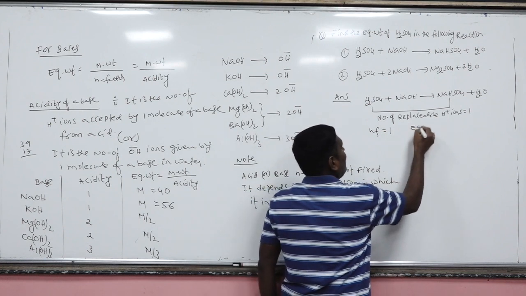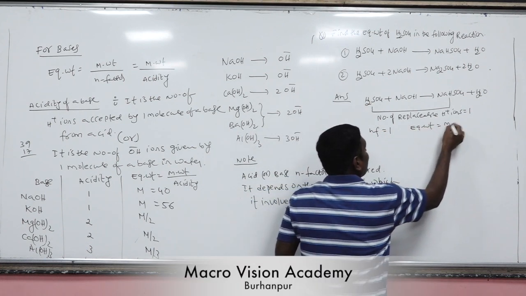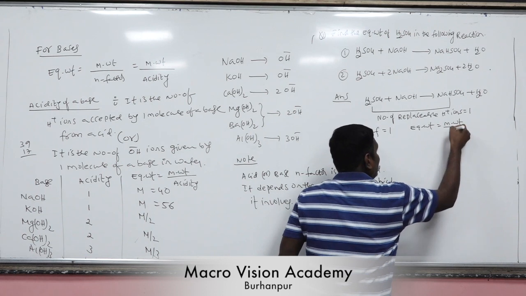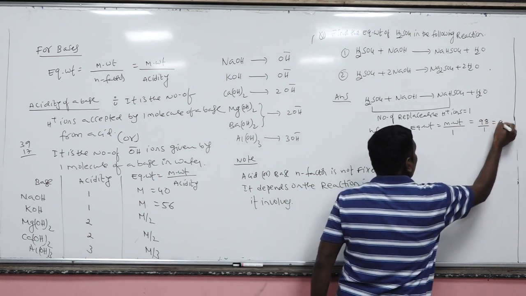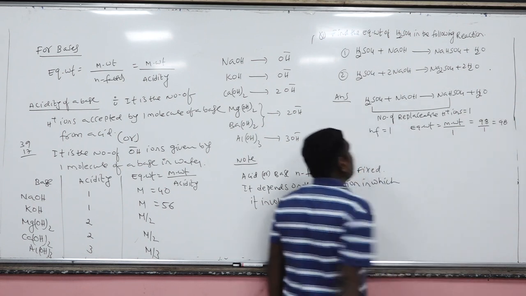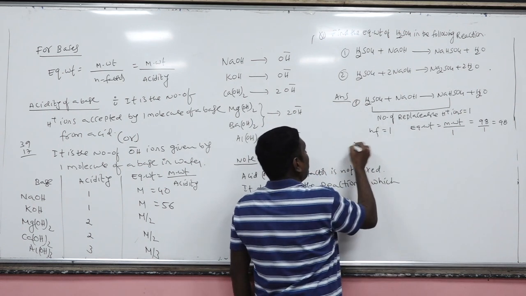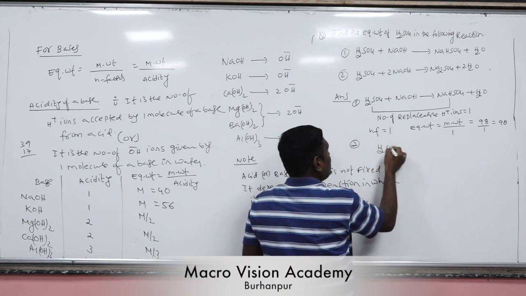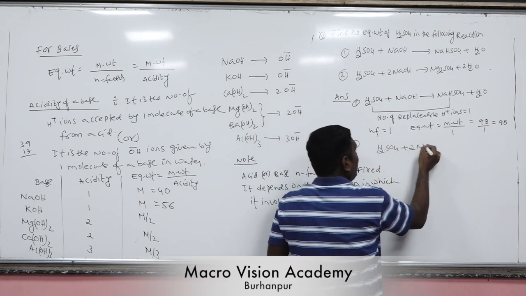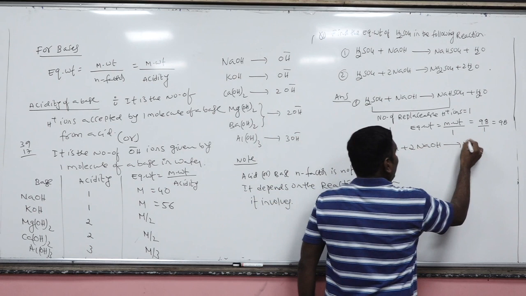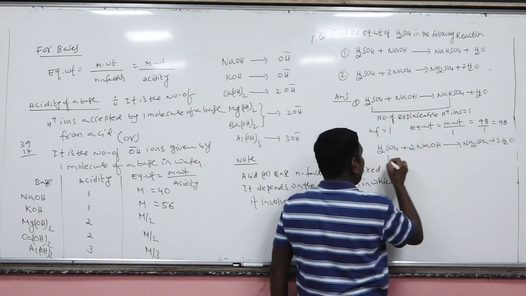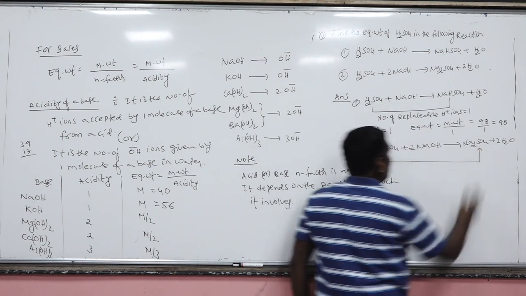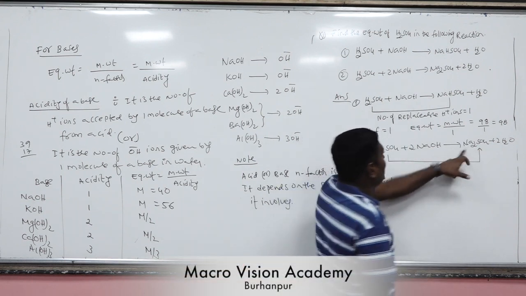So what is the equivalent weight? Molecular weight upon n factor. Molecular weight 98 divided by n factor 1, again you will get 98. But in the second problem, H2SO4 plus 2NaOH will give Na2SO4 plus 2H2O. From acid to salt, completely 2 hydrogens are replaceable.